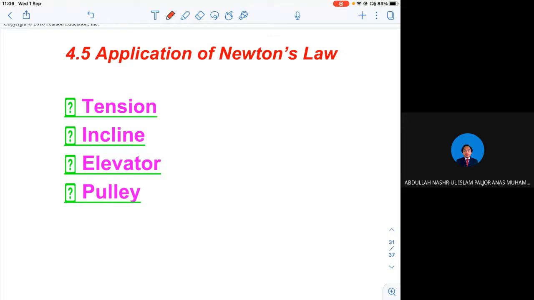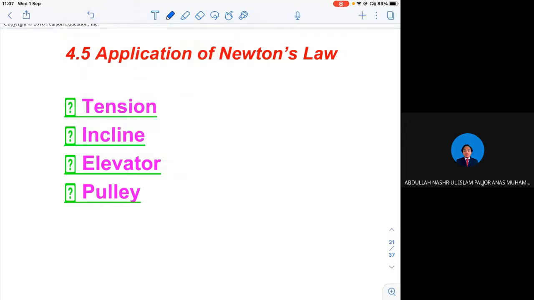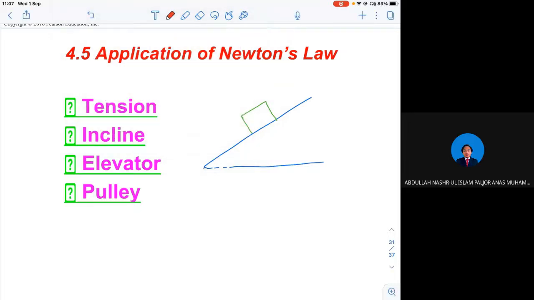Let's say this is your incline, and then you may have a box here, for example. Right now our job is to find the free body diagram for this force.